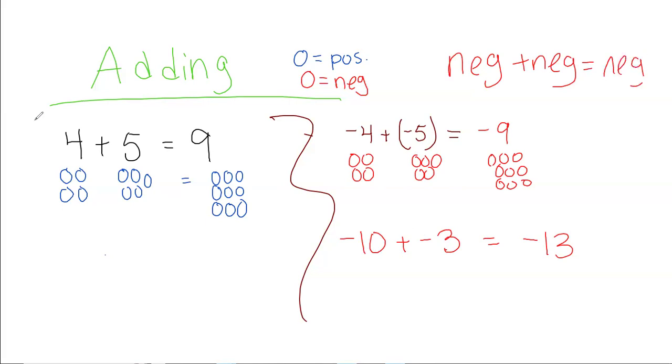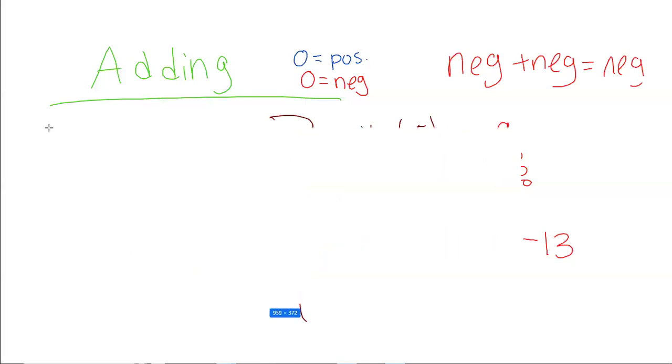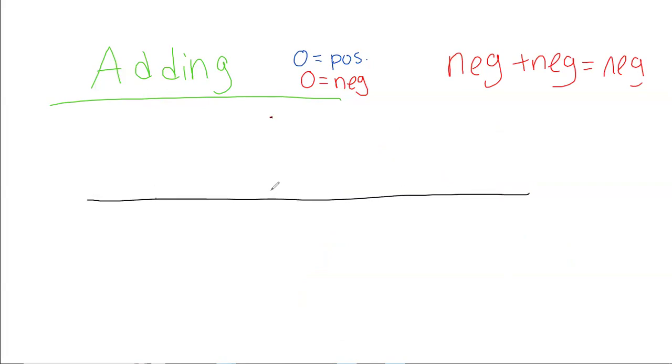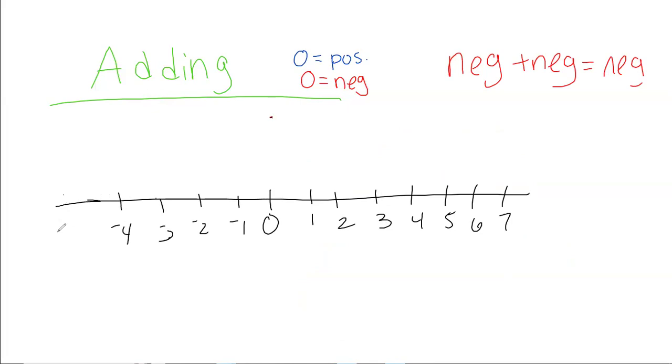You can also think of this on a number line. So again, I will start off with a positive plus a positive. So here's the number line. I'm just going to put some numbers on real fast. Okay, let's do just a regular 2 plus 3.